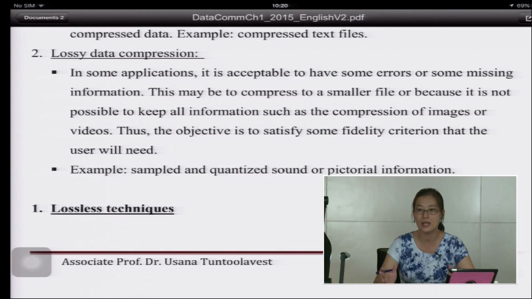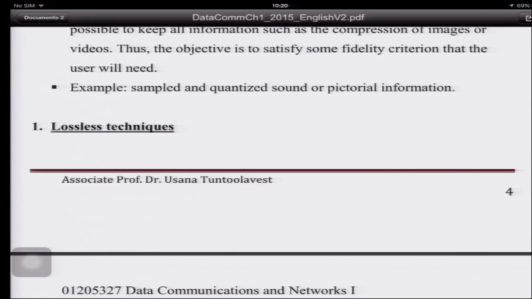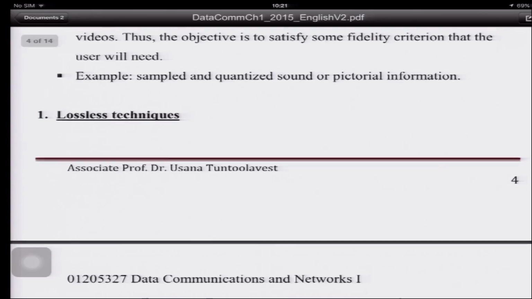But if you want to post a small profile picture on your website or on the internet, you can use a much lower resolution, just to see who this is. But if you expand it, the pixels will be broken and it's not clear. So this is an example of lossy compression, the sampled and quantized sound or pictorial information.